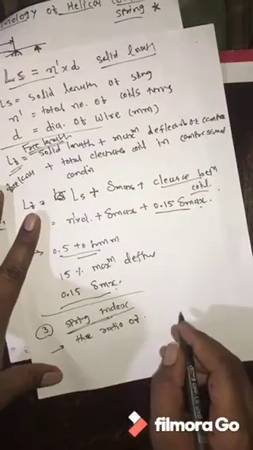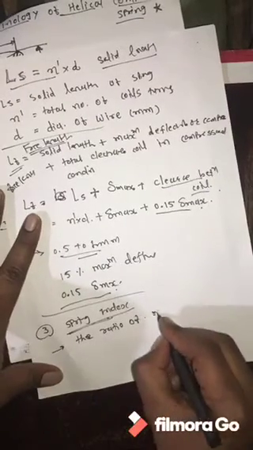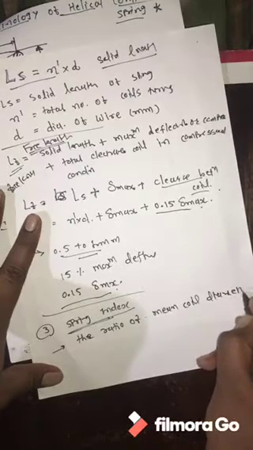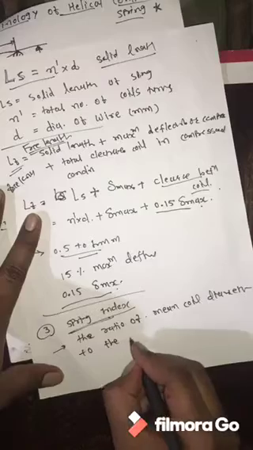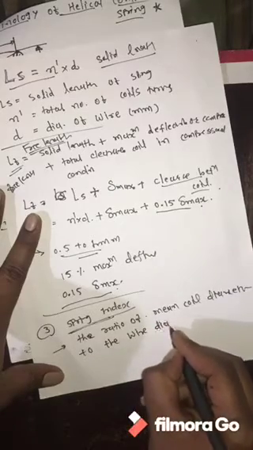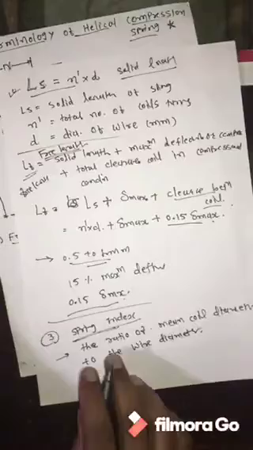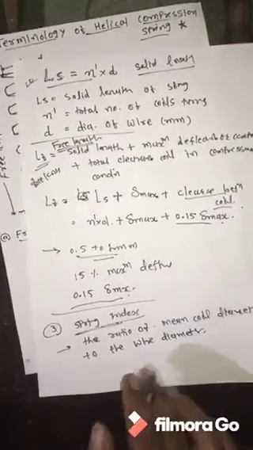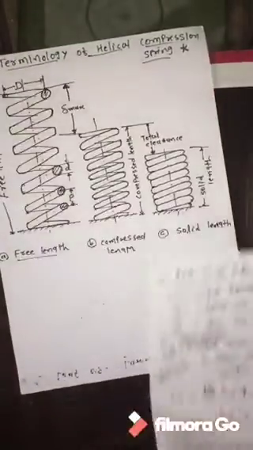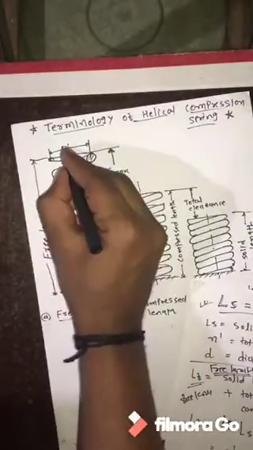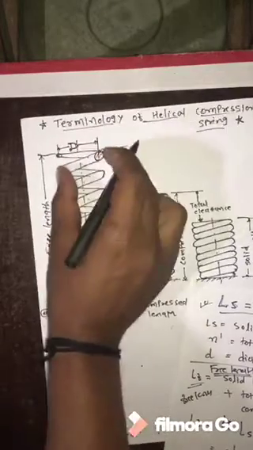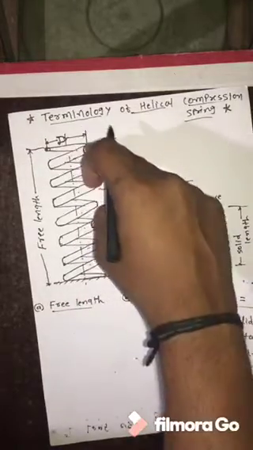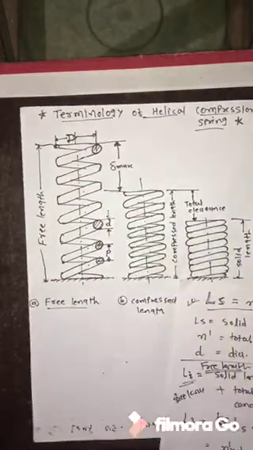The ratio of mean coil diameter to the wire diameter is called the spring index. That means the mean coil diameter, capital D, and the wire diameter, small d. So the ratio of capital D to small d is called the spring index.